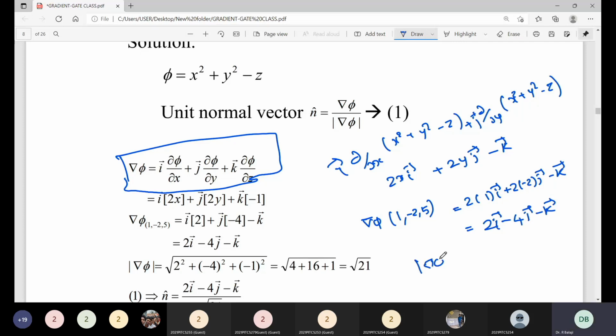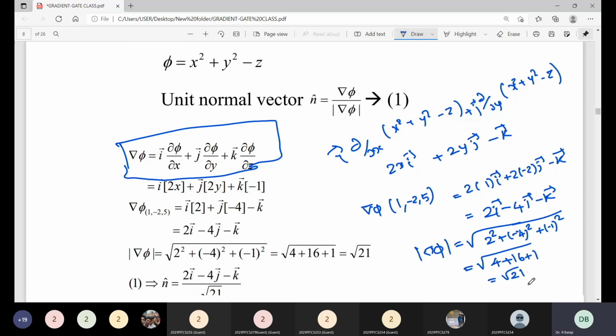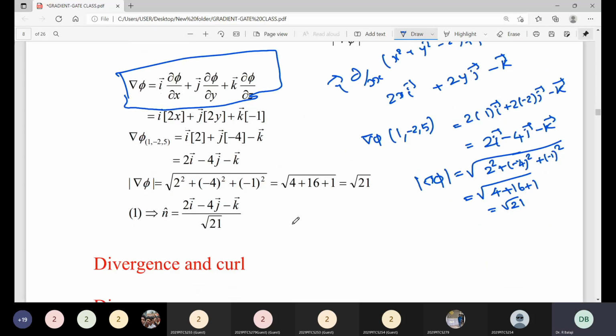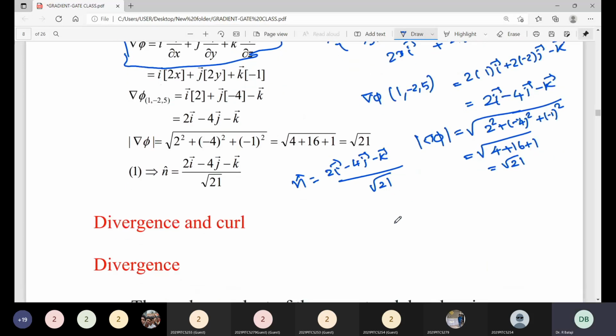Modulus of del pi is equal to root of 2 square plus minus 4 whole square plus minus 1 whole square, which is root of 4 plus 16 plus 1, root of 21. Therefore, n cap is equal to 2i vector minus 4j vector minus k vector divided by root of 21. Next, divergence and curl.